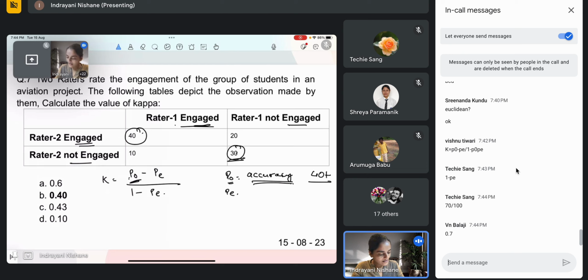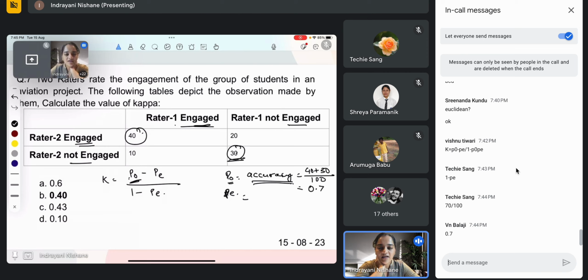So 40 plus 30, based on the total sample size. The total sample size was 40 plus 20 plus 10 plus 30, which is 100. So it gives us 0.7.